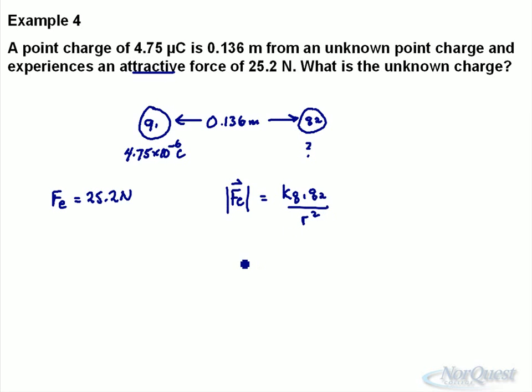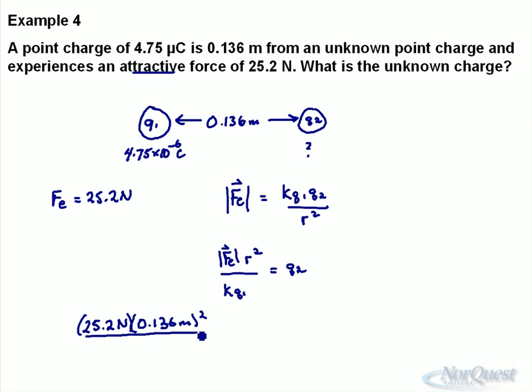So we're going to multiply by r squared. So Fe times r squared, and we're going to divide by kQ1, equals Q2. Let's put our numbers in. We have 25.2 newtons times the radius. The distance between these objects has to be in meters. It already is. Squared. And we're going to divide this.